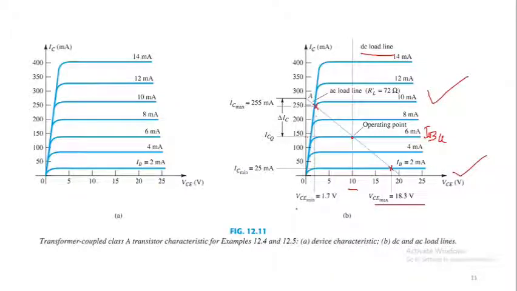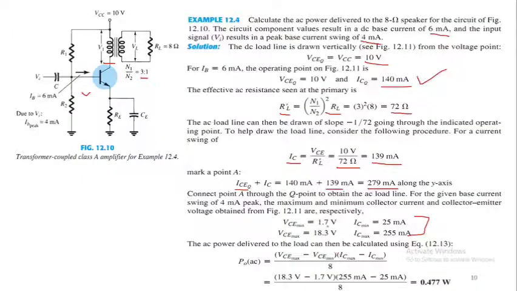VCE min की वैल्यू 1.7 वोल्ट है and VCE max is equal to 18.3 volt. Similarly, IC max is 255 milliampere. We found it through this graph, and IC min is equal to 25 milliampere.